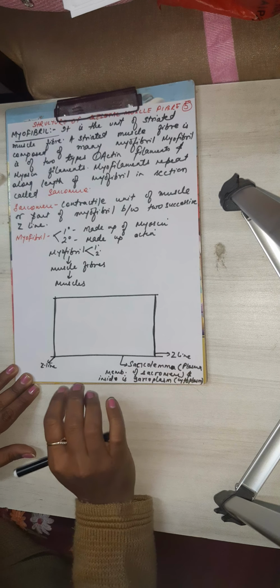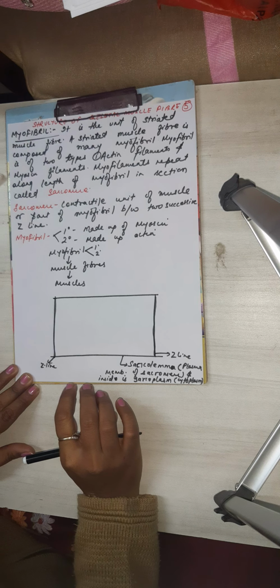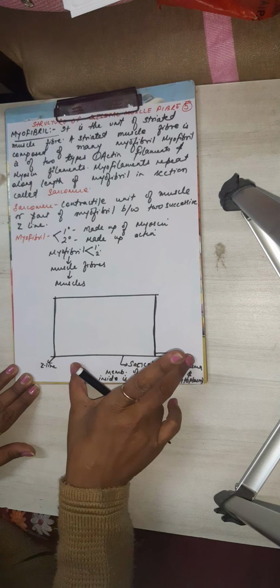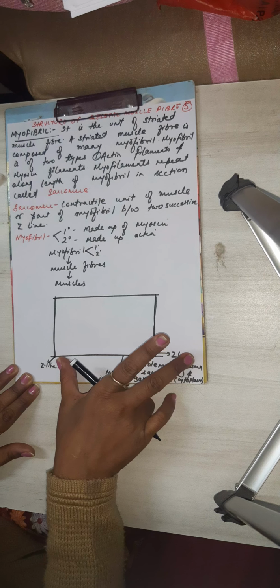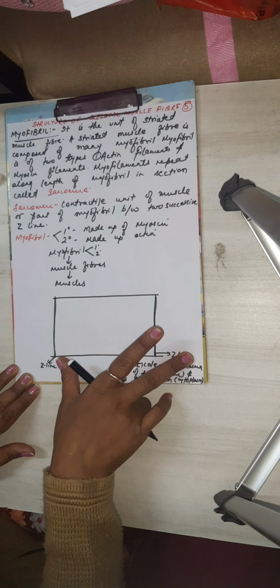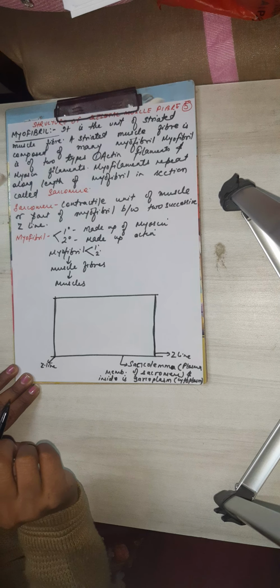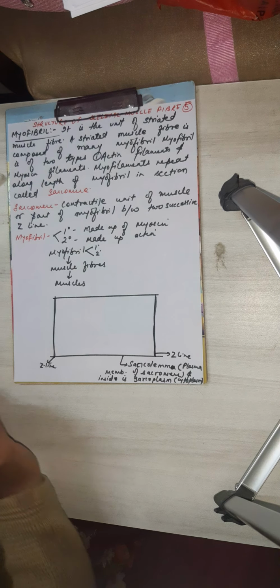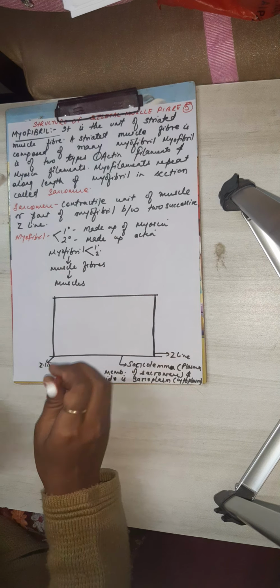And the distance between two Z lines is a sarcomere. Okay, next come to actin. Actin and myosin we have discussed.